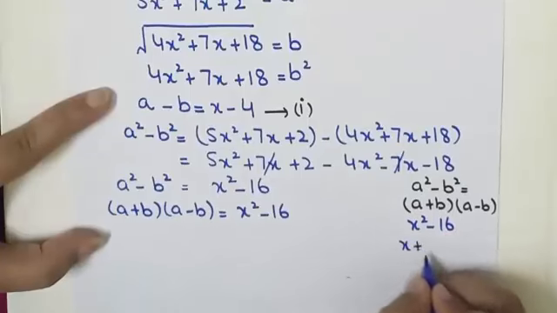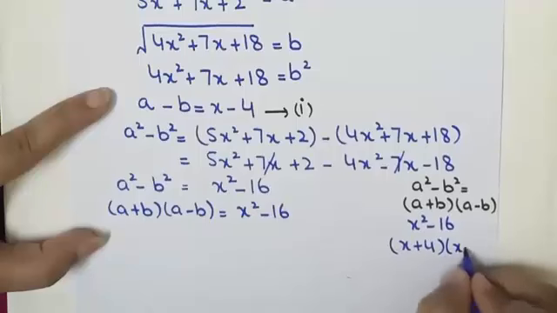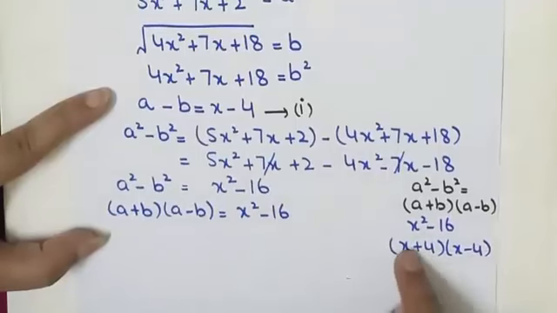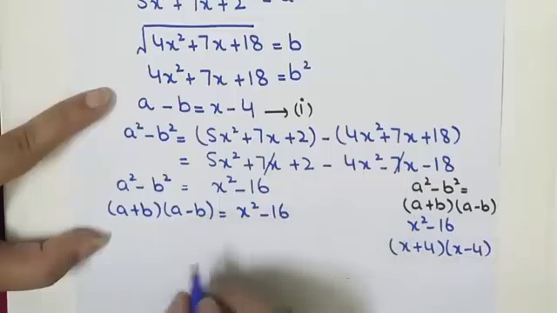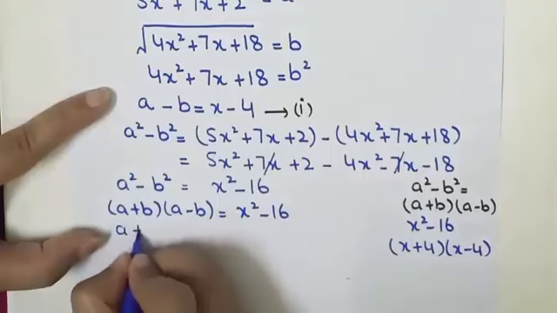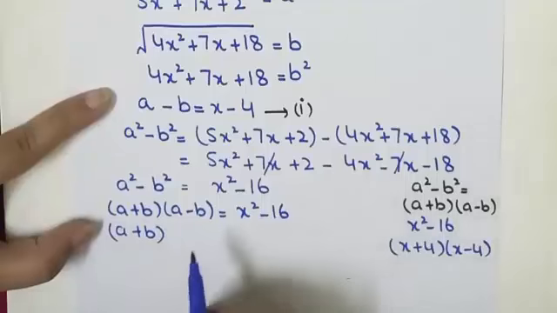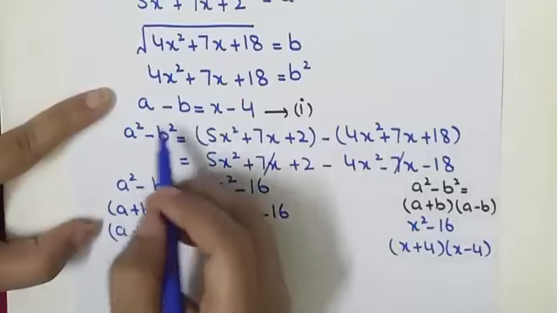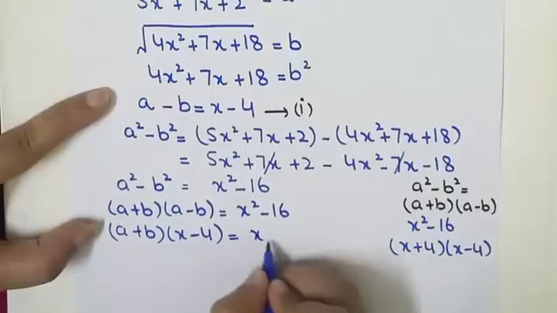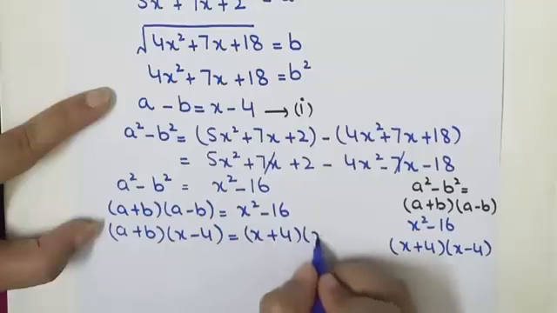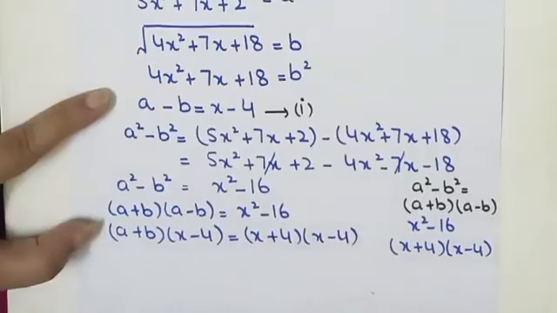We can write it as x plus 4 and x minus 4, because x into x is x square, then we have minus 4x and plus 4x which cancel out, and plus times minus is minus, 4 times 4 is 16. So we can write a plus b into a minus b, which is actually equal to x plus 4 into x minus 4.